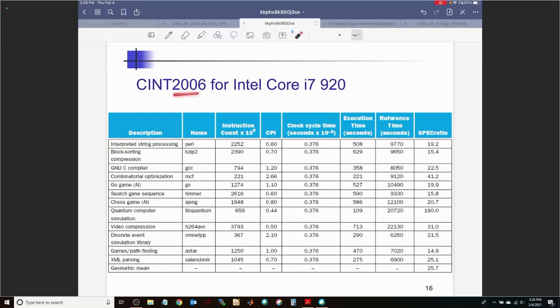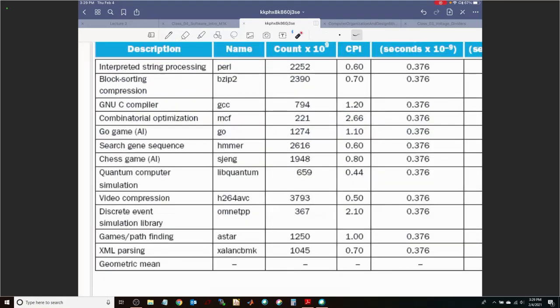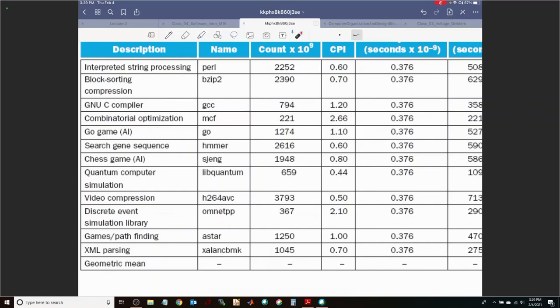This is again from 2006, and it is only looking at the integer benchmarks. There are 12 of them. Let's take a look at the programs selected as the 2006 integer benchmarks. What kind of programs were there? There was a chess game, an AI-based Go game, a C compiler, block sorting, Perl, your string processing program.